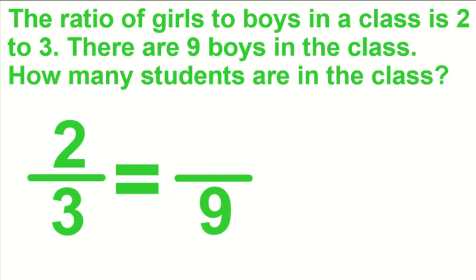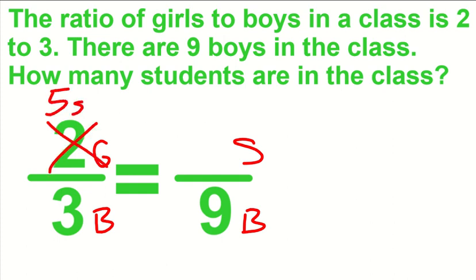Otherwise, your other option is if we have our girls, our boys, and it's asking for how many students, right? That's a total. So on the left side here, what's my total? 5. So you can add at the beginning and make the sides match also. 5 times 9 divided by 3 is going to give you 15.